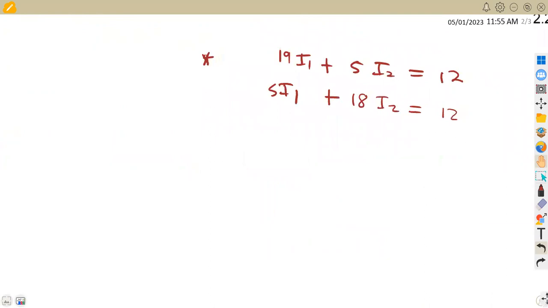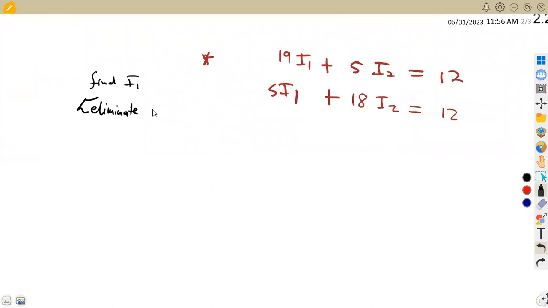All right, so let's solve depending on which part you want to calculate first. Let's say I want to find I1 first by using the elimination method. If I am to find I1, that means I am going to eliminate I2.